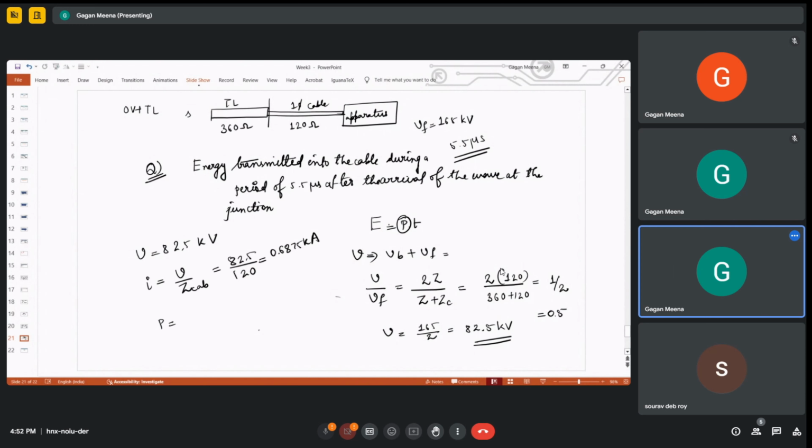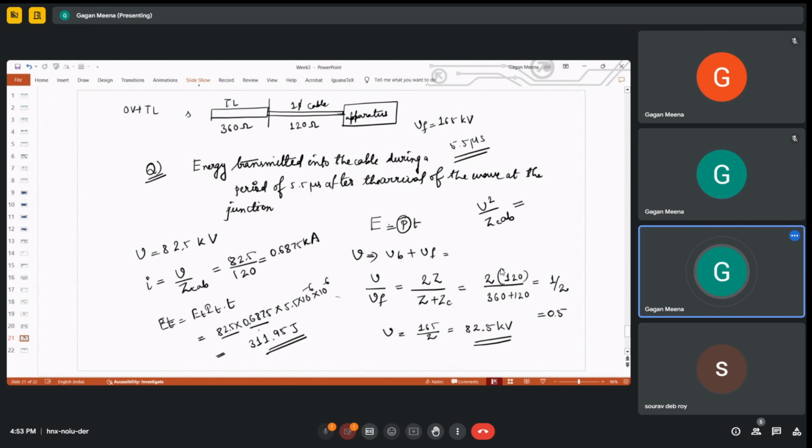Now we can find out power, or directly we can find out energy transferred, which is ET into IT into time, equal to 82.5 into 0.6875 into 5.5 into 10 to the power minus 6 into 10 to the power 6, because these two are in kiloamps. How much is this? 311.95 joules.